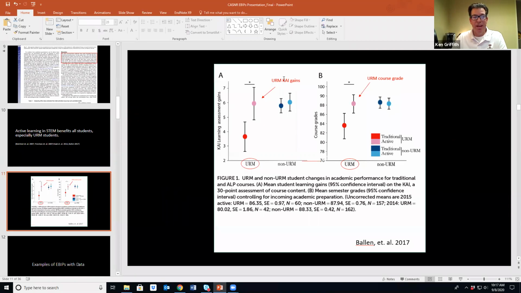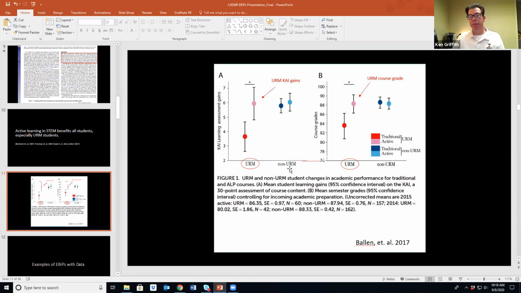So this KAI that you're seeing, that's the author's abbreviation for Knowledge Assessment Inventory. It's basically a pre-post diagnostic that they gave students. But if you look here, they're showing that both underrepresented students and non-underrepresented students are actually gaining with active learning, but underrepresented groups actually improve disproportionately.